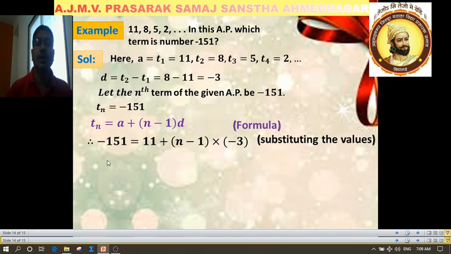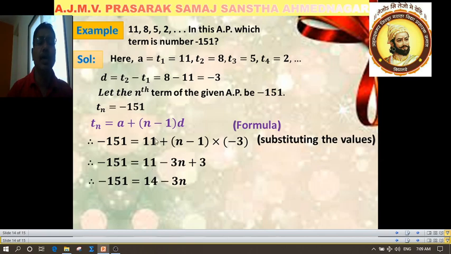So minus 151 is equal to 11 minus 3 into n means minus 3n, minus 3 into minus 1 plus 3. Now 11 and 3 are like terms, so taking addition, 11 plus 3 is 14. So minus 151 is equal to 14 minus 3n.